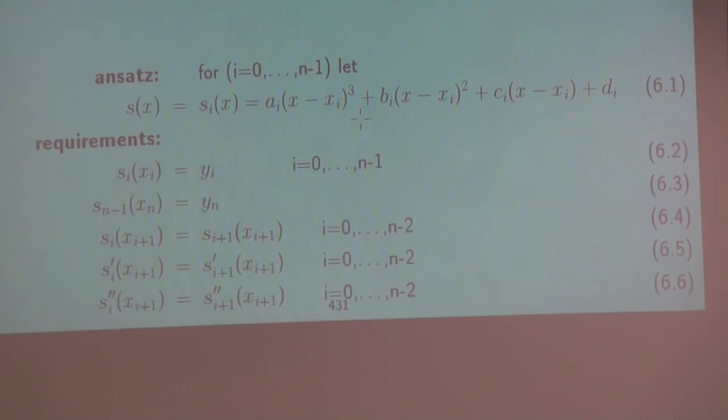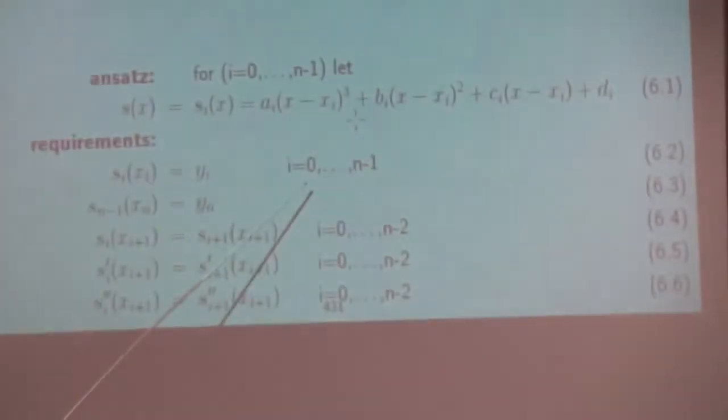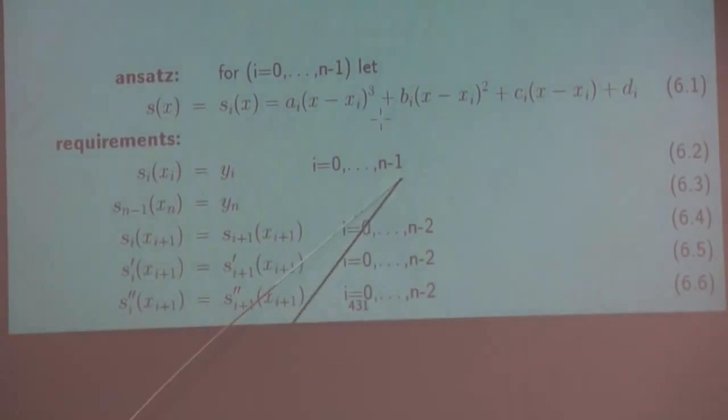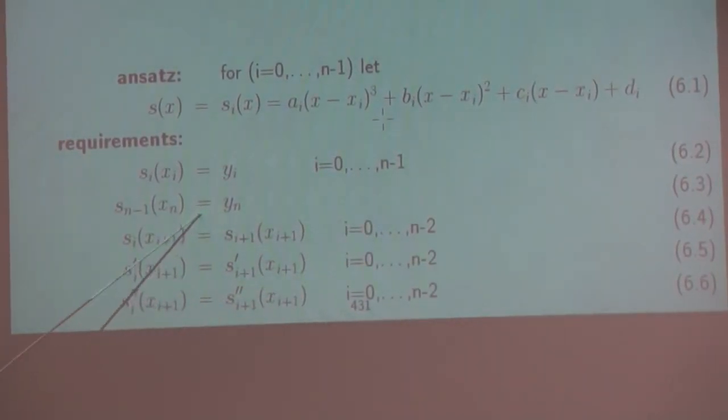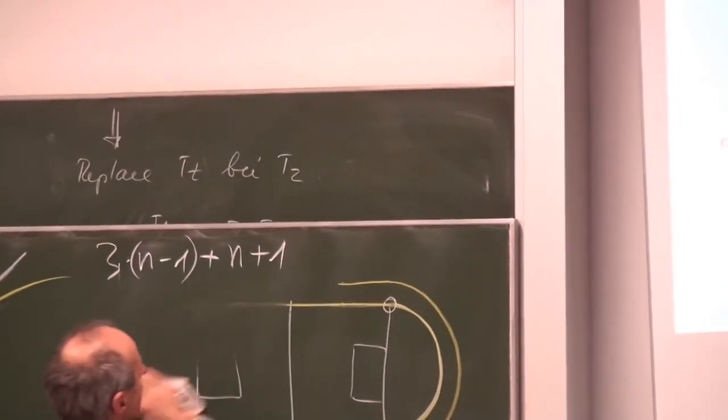And now let's count how many requirements do we have. Here we have n minus 1. And here 2 and here 2. So this is 3 times n minus 1, plus this is n and this is 1. Okay, so plus n plus 1.